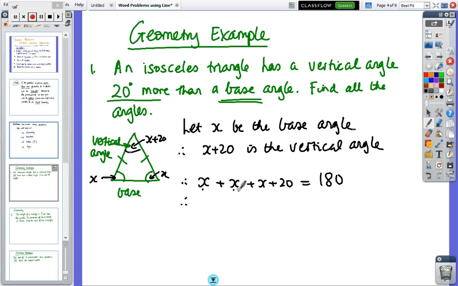So x plus x plus x is 3x. Now what I'll do is I'll take that 20 across the other side by doing a reverse operation. So 180 minus 20 is 160, and x equals 160 divided by 3.